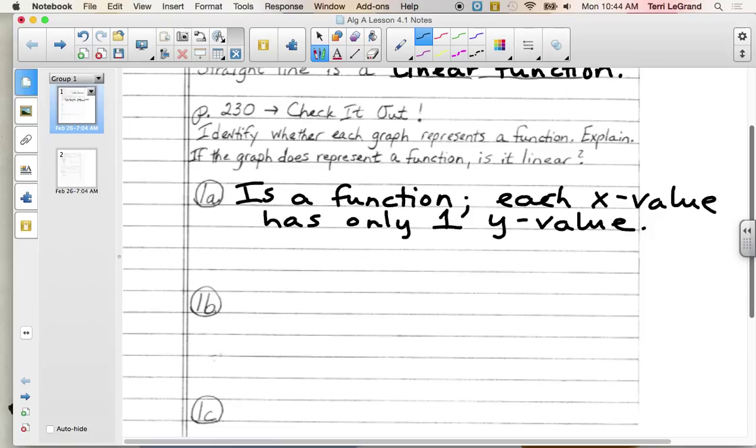Does that happen on this graph? No, it doesn't. Then they said, if the graph does represent a function, which we just said it does, is it linear? And what did we say up above? It's linear if it's a function whose graph forms a straight line. Is that a straight line? Yes, it's a straight line, so we're going to say it is a linear function.